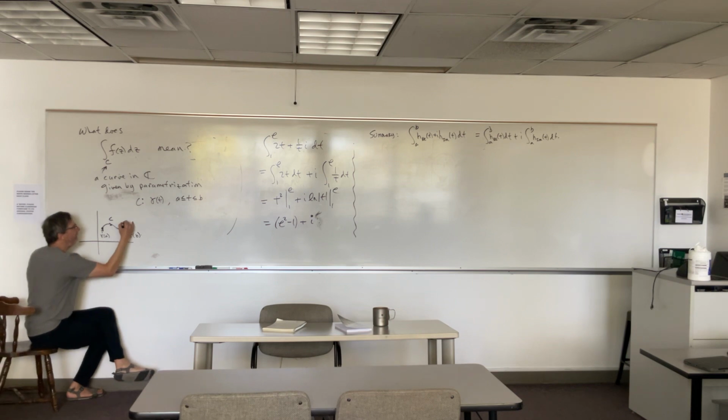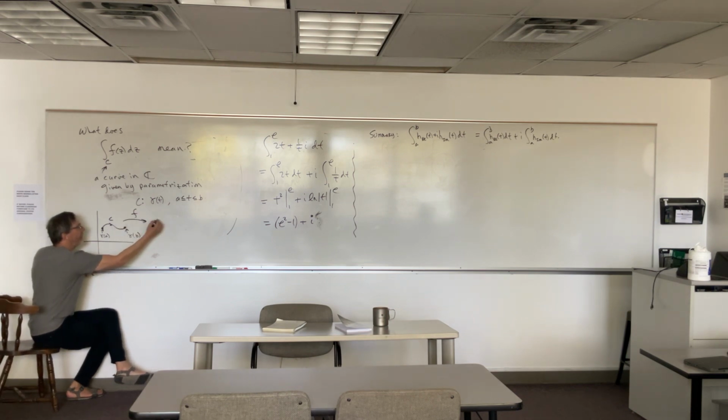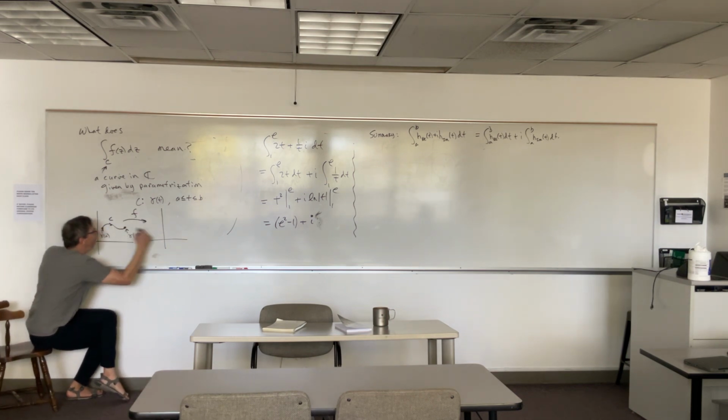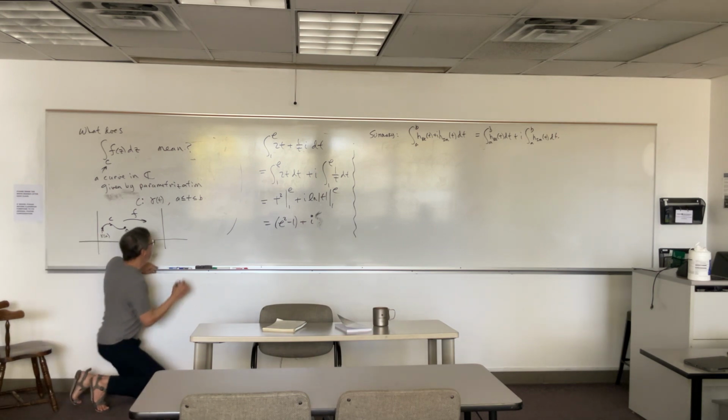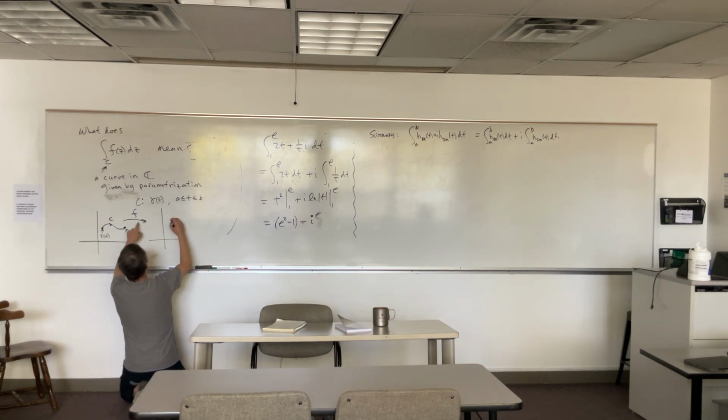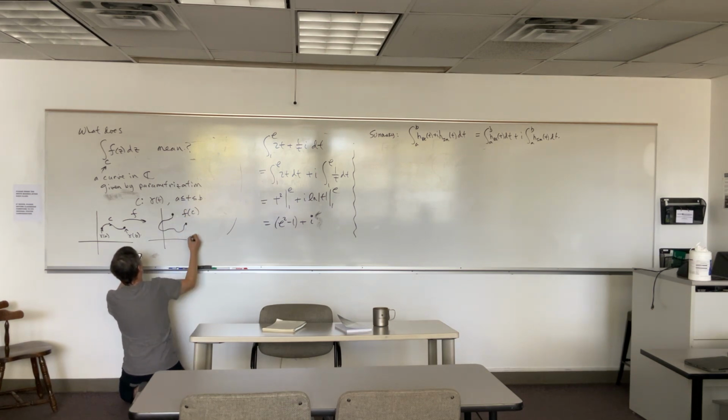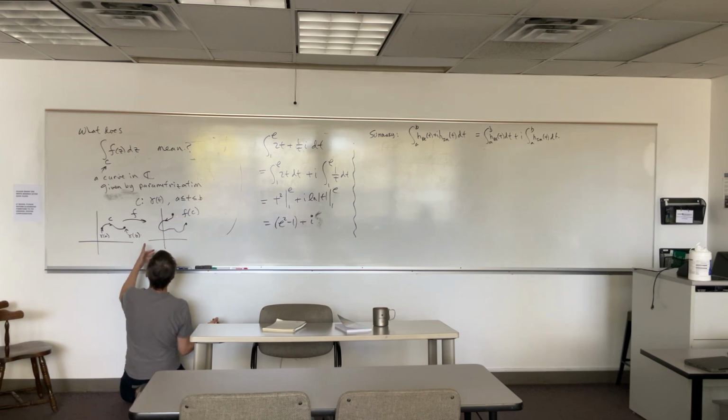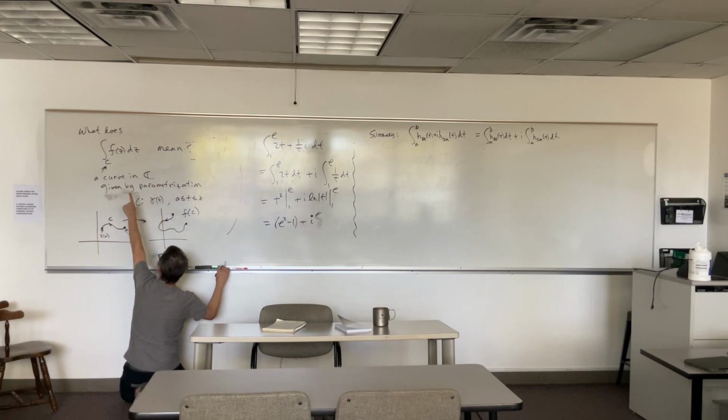And I've got this function f, and it does something weird to that curve. So let's say this is f of c over here. And what we're interested in is understanding what it means to integrate that function f, whatever this is that's doing this transformation, along this curve.